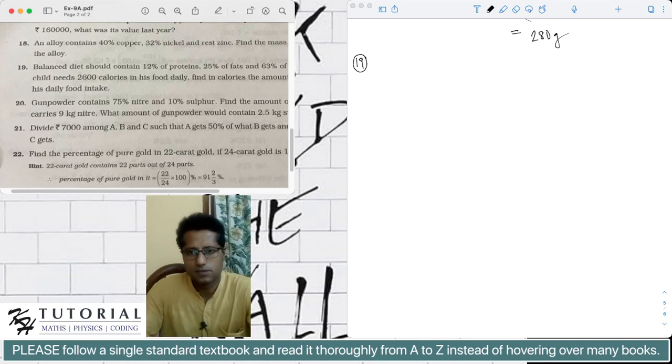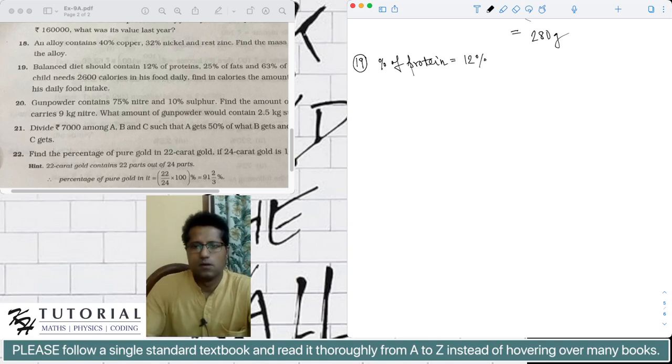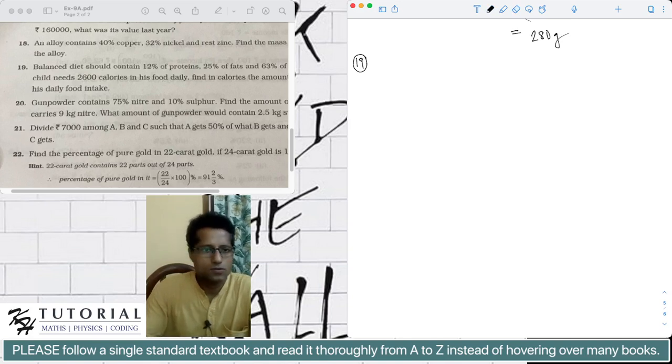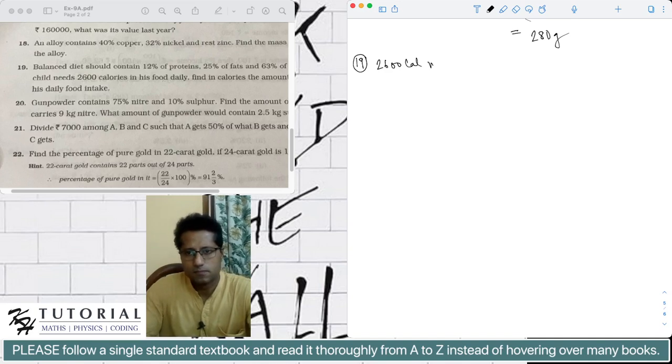So it is given that the percentage of protein is equal to 12%. So 2600 calories must contain 12% of protein.